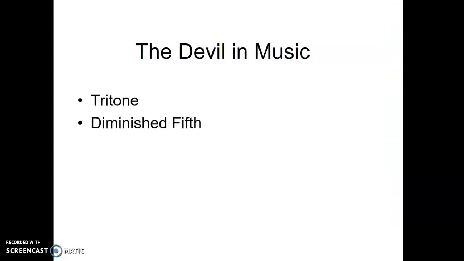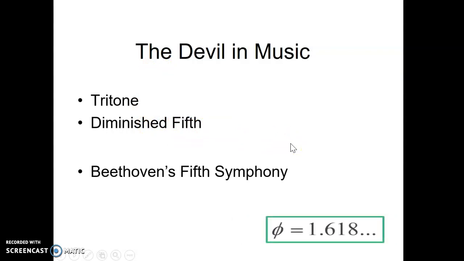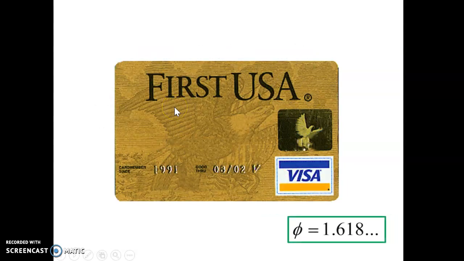Okay, I'm not really a music person. Some of you that are more inclined to music, you might know what this stuff means, the tritone and the diminished fifth. But there's golden ratio in music as well. Okay, a credit card, all right, is very close to a golden ratio.